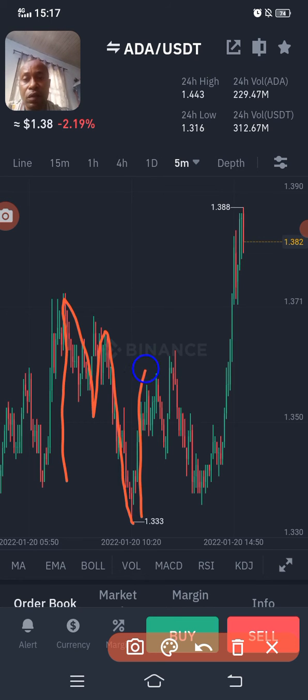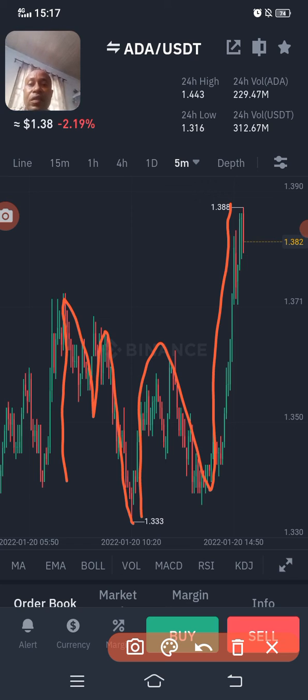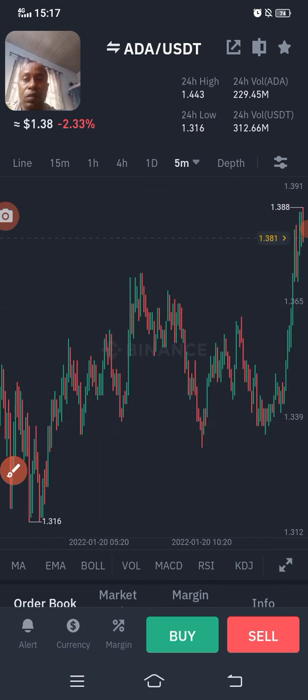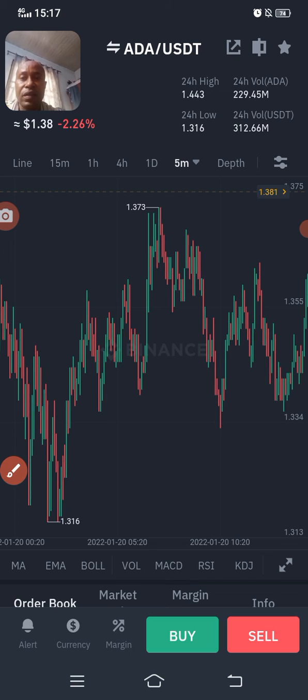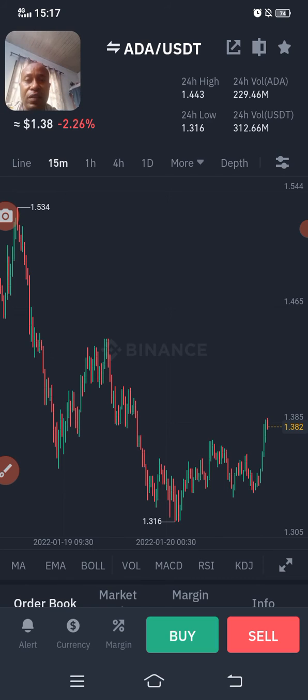You see, it forms another W. You see where price goes to. So when we get to a resistance, the so-called resistance, as you may call it, price will always do what? Come down.